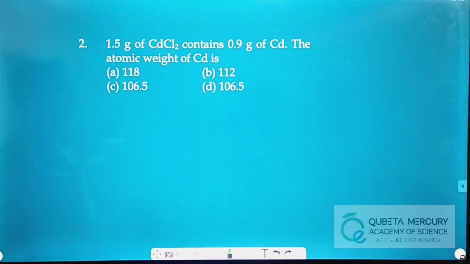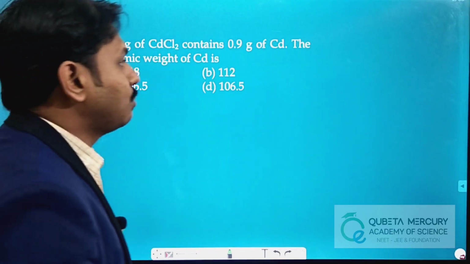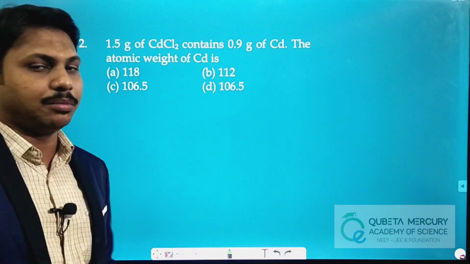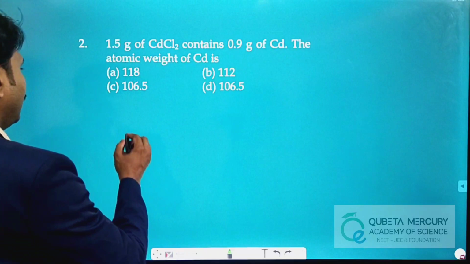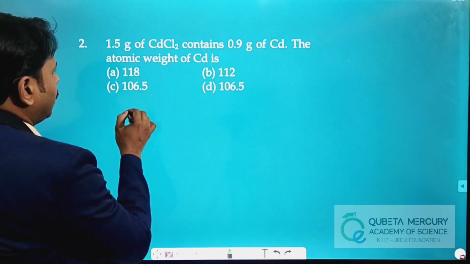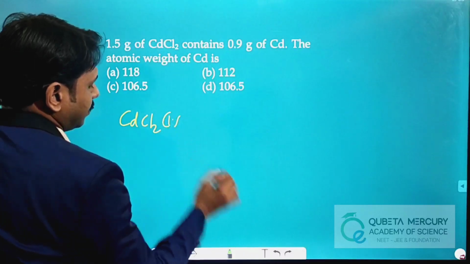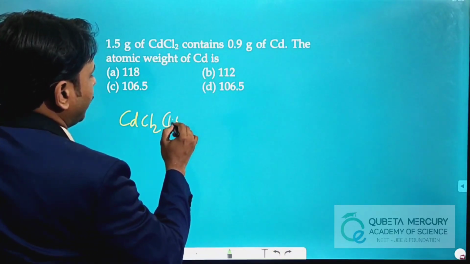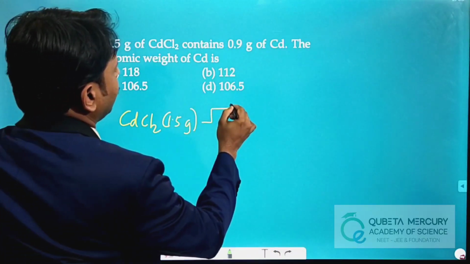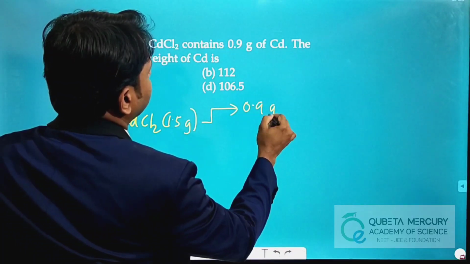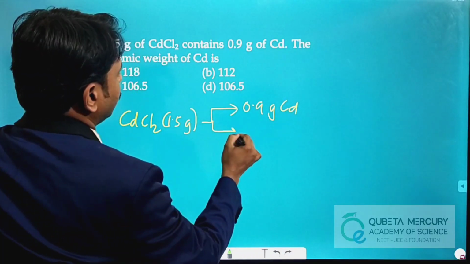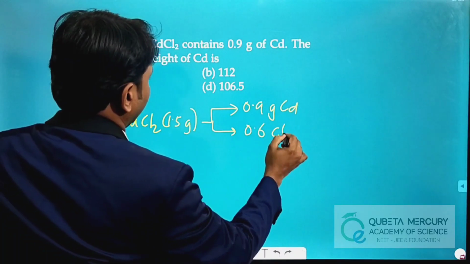1.5 gram of cadmium chloride contains 0.9 gram of cadmium. The atomic weight of cadmium is. Simple question. As you know, in cadmium chloride out of 1.5 gram, it is given that 0.9 gram is cadmium and the rest will be chlorine.